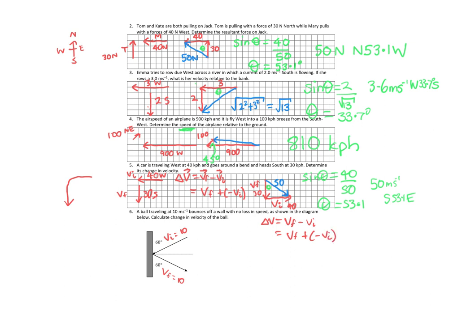So that means I've got my VF and I'm going to add my VI onto it, onto the tip of that, and it's going to be the same length as VI but in the opposite direction. So it's going to come back here like that, minus VI. And then when you add those two together, you get that there being the change in velocity.